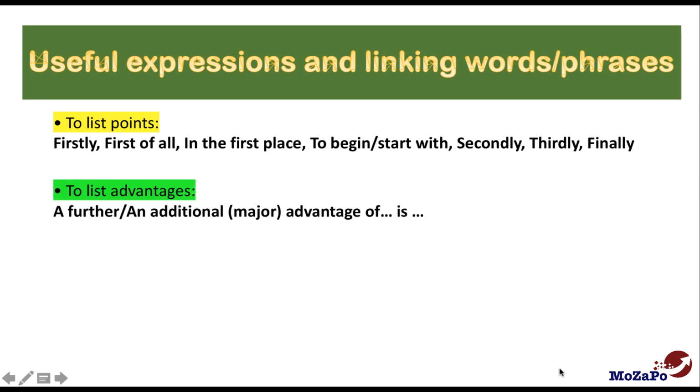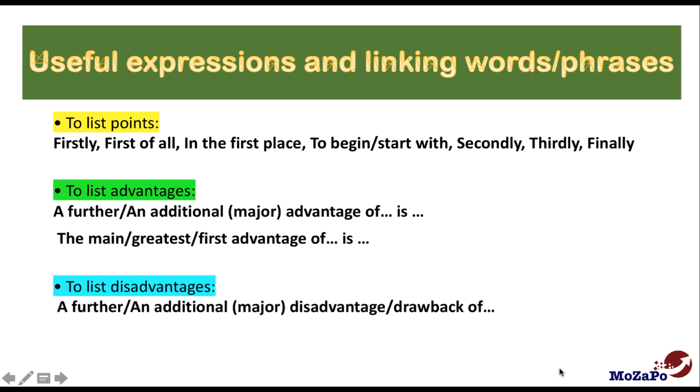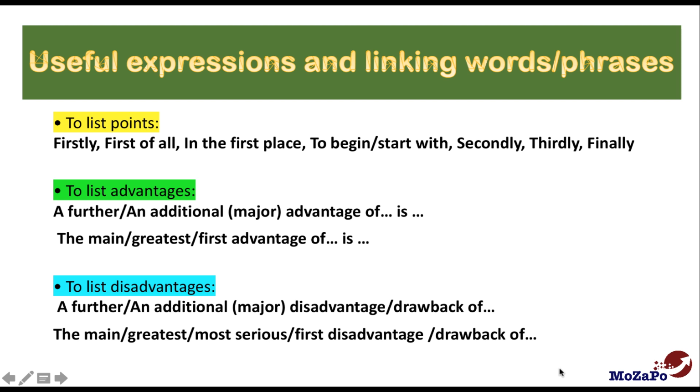To list advantages, you can write, for example, a further advantage of something is, an additional advantage, a major advantage of something is, the main advantage of, the greatest advantage, the first advantage, and so on. To list disadvantages, again, you can use, for example, a further disadvantage of something is, an additional disadvantage, or an additional drawback of something is, and you can just continue your essay.